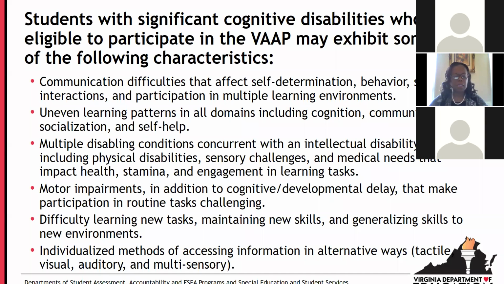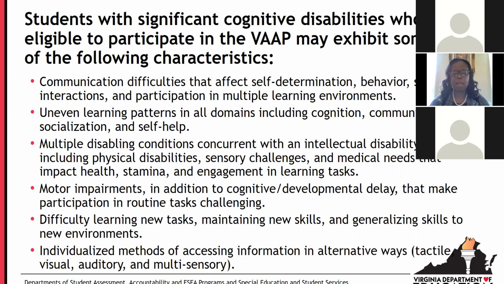And then finally, across the board, I believe we experience students who have difficulty learning new tasks, maintaining new skills that are taught, and then in generalizing those skills to other learning settings. And finally, in terms of how students access information, we see very individualized methods.